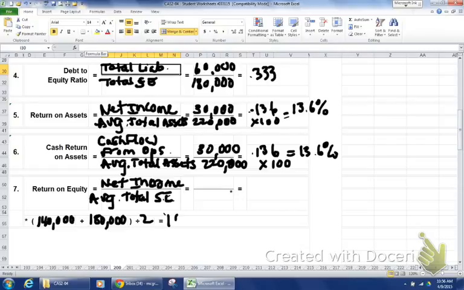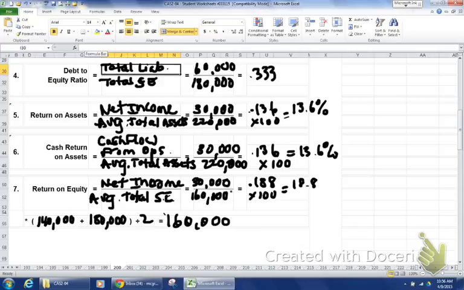And we'll get an average stockholders' equity of 160,000. And we previously got our net income of 30,000, so we'll use that as our numerator again. And then we'll take our 160,000 as our denominator. And we'll get a return on equity of 0.188, multiply it by 100. And we'll get an 18.8% return on equity.